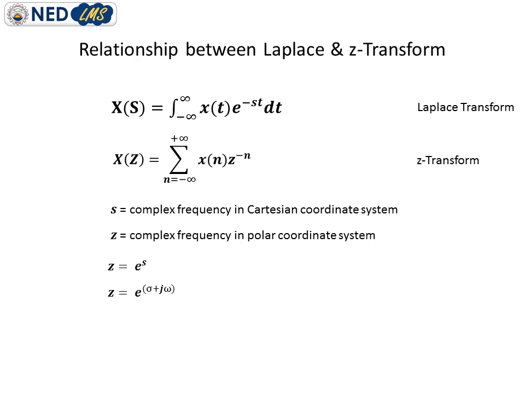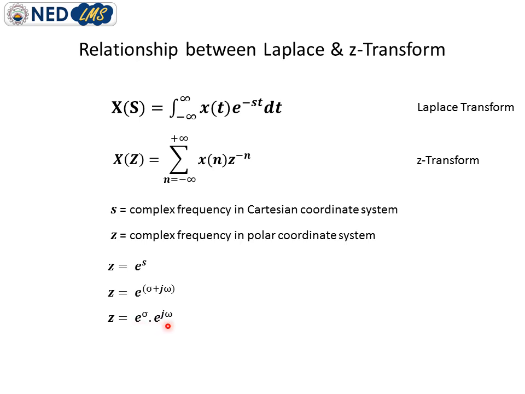So z is equal to e raised to power s, and if we further expand this s by sigma plus j omega, then z will become e raised to power sigma into e raised to power j omega.